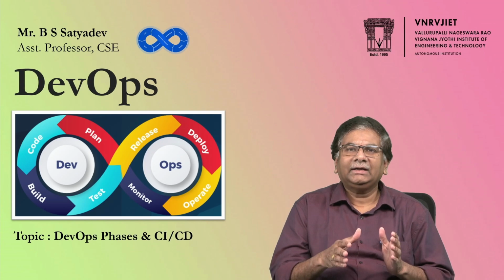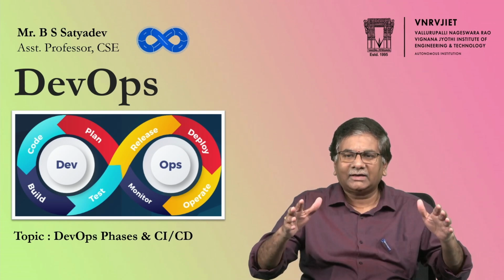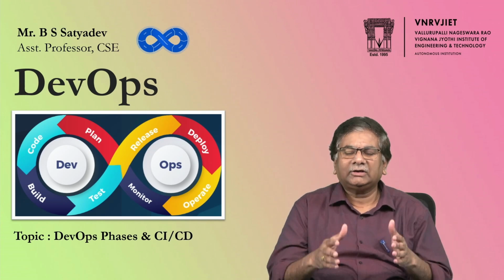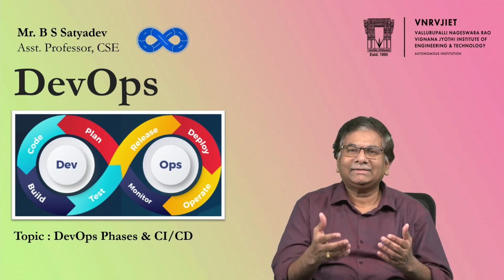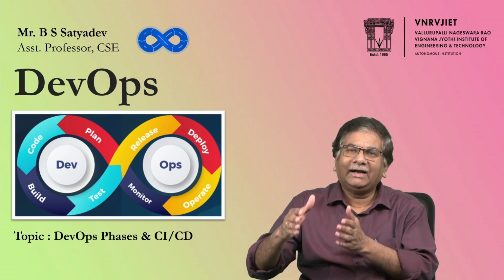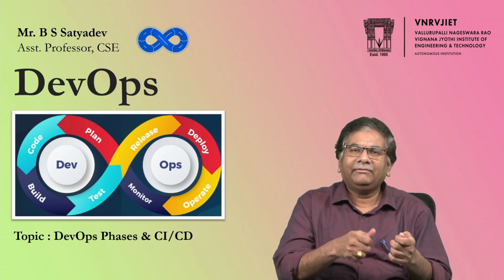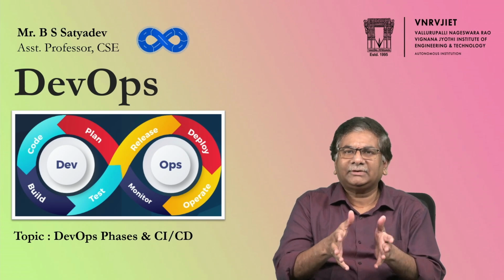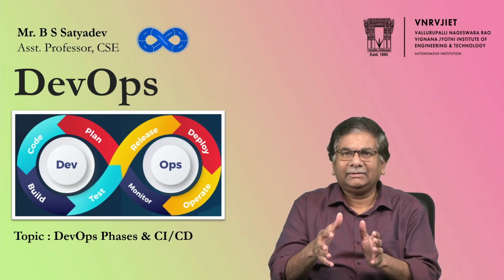Before that, as I explained in the very beginning, we talked about the waterfall model, then how Agile refines the waterfall model, and we also saw what Agile has clearly defined, what Agile hasn't clearly defined, and how DevOps can take care of the places where Agile hasn't done a good job.